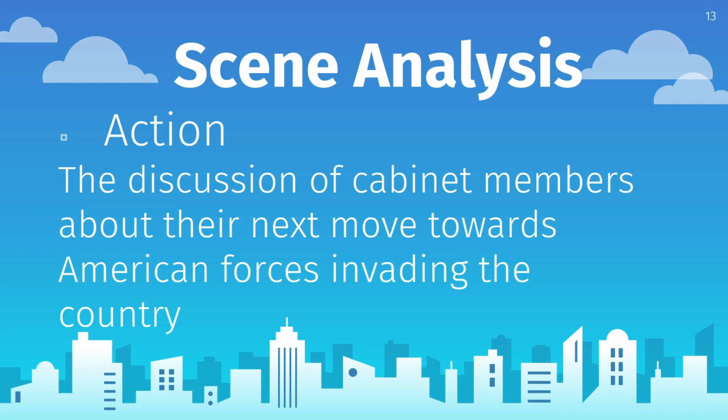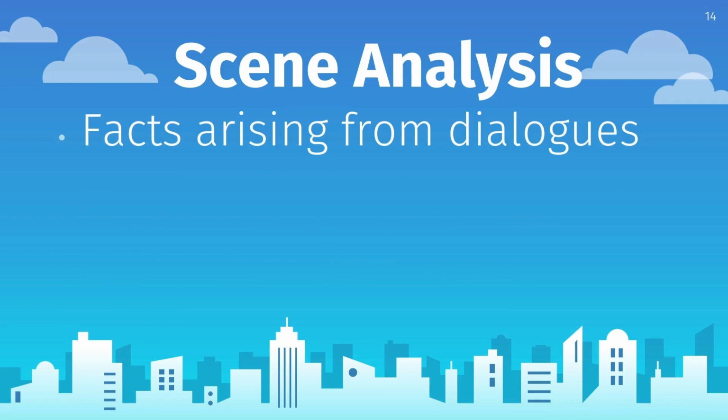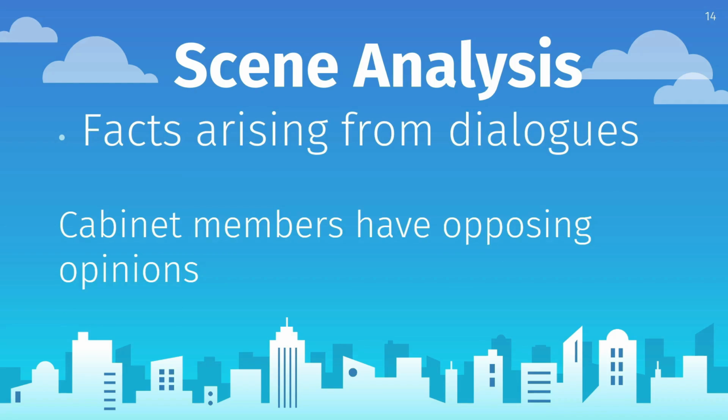Now, from that action, we realized from the facts arising from the dialogues itself that the cabinet members have opposing opinions. Some of them oppose the American forces in the Philippines, while the others are on good terms with them.